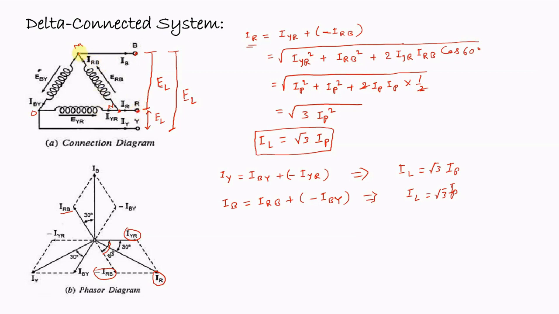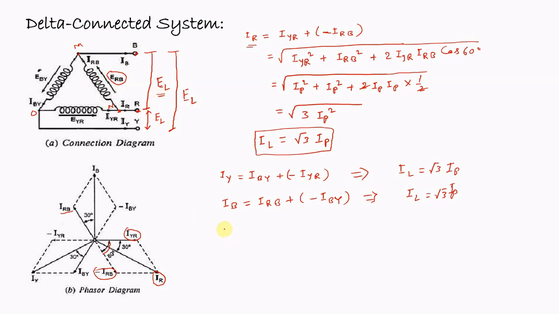So the EMF which is induced across the coil M and N, the same EMF will be applicable across the terminal B and R. But the EMF which is induced in the coil M and N, that is ERB, it is considered as the phase voltage. And the voltage between B and R is considered as a line voltage.